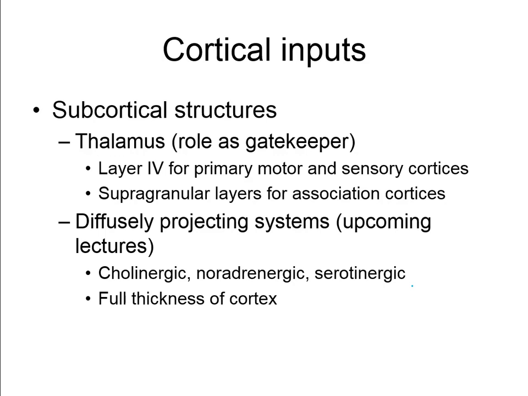They are incredibly widespread. But what we've just done is basically say, if you think about a 6-layered cortex, if I've got a 6-layered cortex, 1, 2, 3, 4, 5, and 6, I've got one type of input that comes in here. I've got input from other cortical areas that are coming in here.